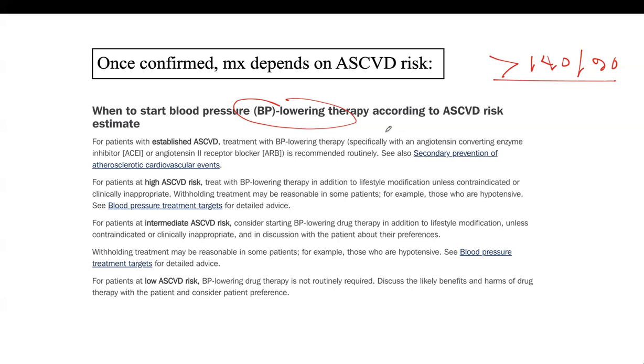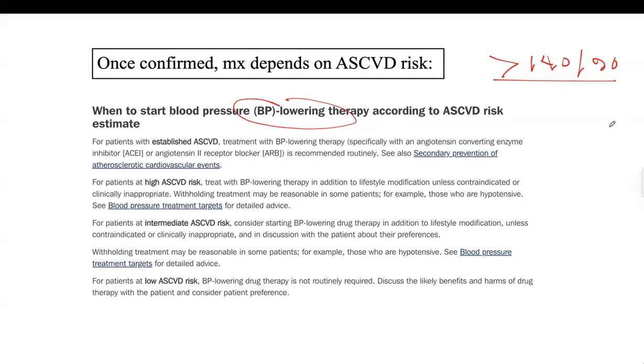There is a cardiovascular risk assessment chart that we use, and we put in the patient's age, sex, smoking status, their cholesterol ratio, their systolic blood pressure. We put all of this information in that cardiovascular risk calculator, and the calculator says whether the patient is low risk, intermediate risk, or high risk.